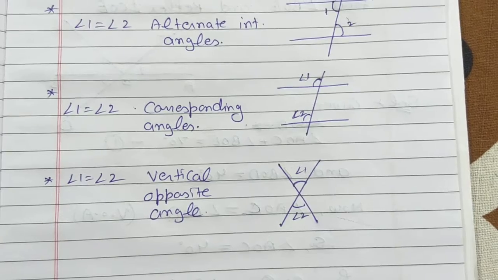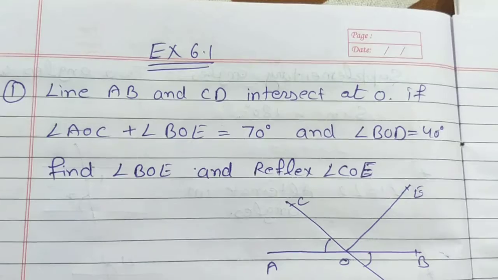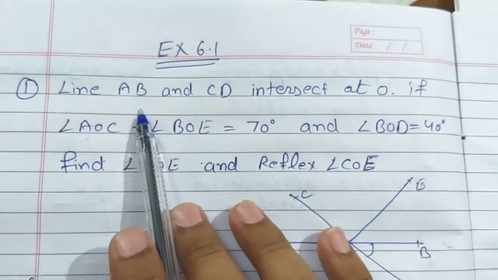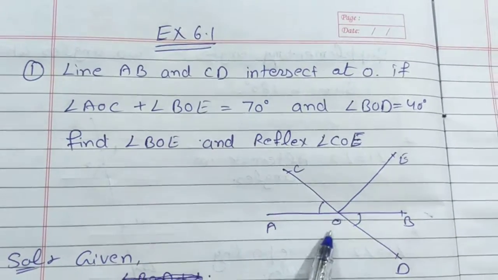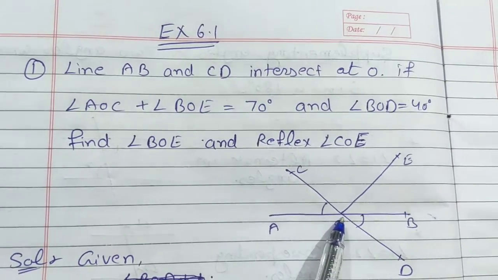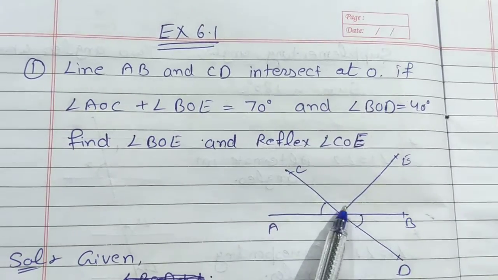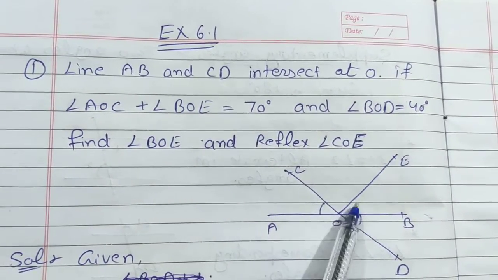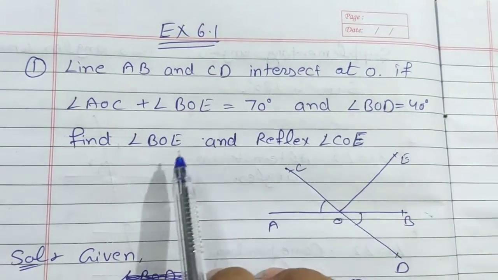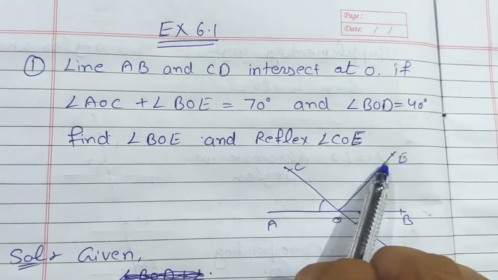Now take a look at the first question of Exercise 6.1. In Exercise 6.1 we are given that lines AB and CD intersect at O. These two lines intersect at point O, and if angle AOC plus angle BOE, the sum of these two angles, is 70 degree, and angle BOD is 40 degree, then find angle BOE and reflex of COE.